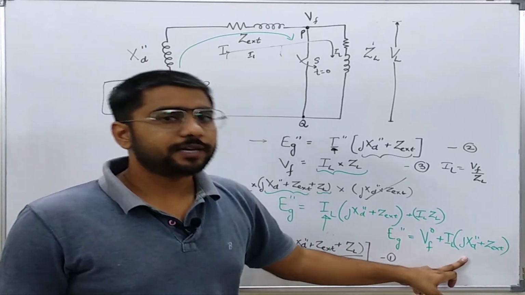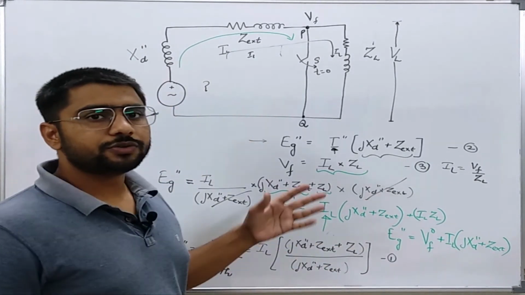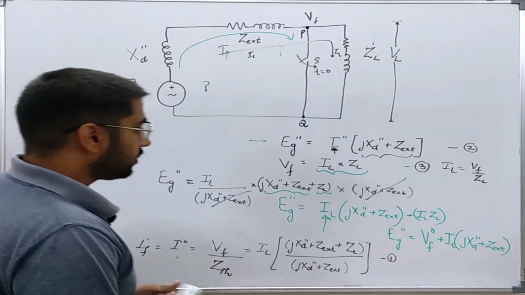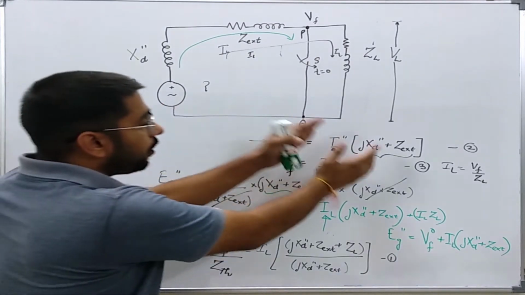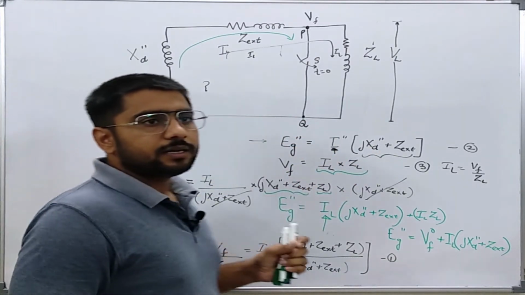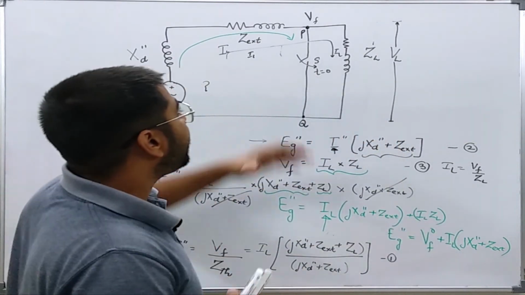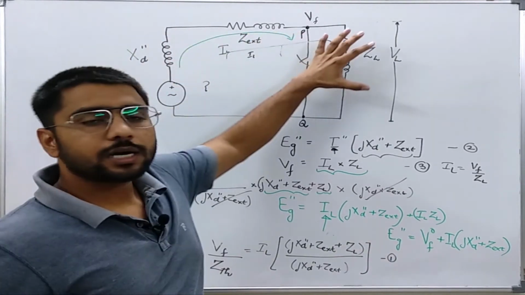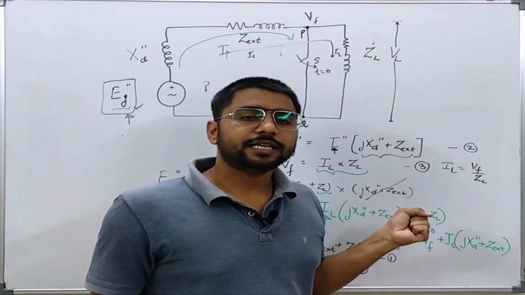So you should always use the load current instead of using any fault current or something else. Okay, so from this whole discussion we can summarize two more points, that is how to find the fault current whenever such a scenario occurs in the system. And what are those two points we will see in the next slide.